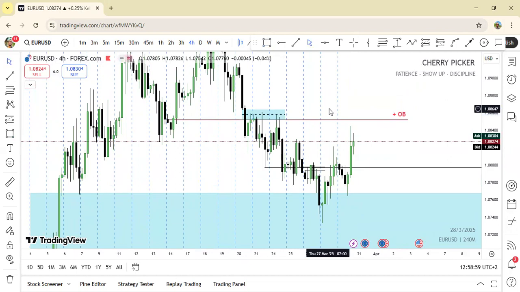That's confluence. We have a higher time frame fair value gap, being the daily time frame. And inside that daily OB, you have an H4 fair value gap, right?